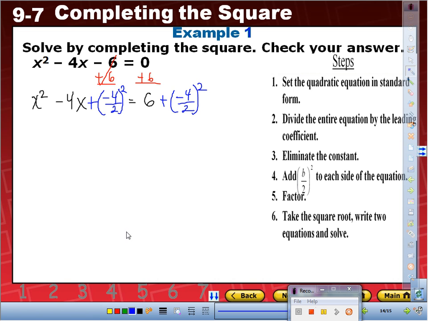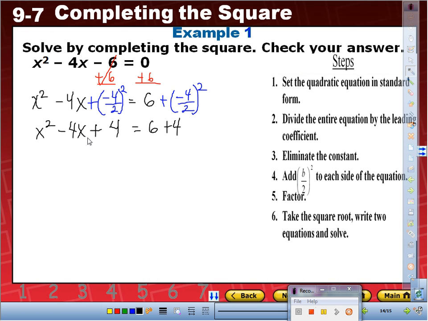So check this out. I'm going to simplify this so you guys can see what I'm talking about. This is x squared minus 4x plus, what is -4 divided by 2? -2. And what is -2 squared? +4 equals 6. And this is the same thing, right?